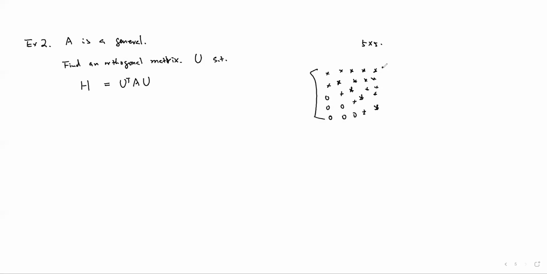A matrix of this form is called an upper Hessenberg matrix. Let me show you one concrete example.